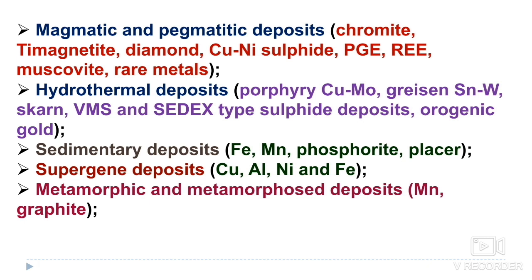So in hydrothermal deposits you have to cover these topics. In sedimentary deposits you have to study iron, manganese, phosphorite and placer deposits. Supergene deposits, in which you cover copper, aluminium, nickel and iron, and metamorphic or metamorphosed deposits, manganese and graphite.